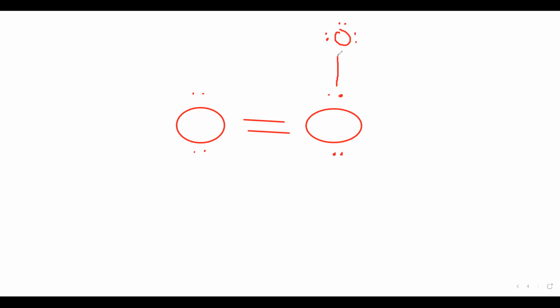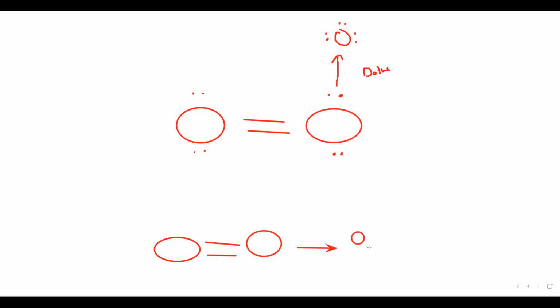By forming a dative bond. So both electron pairs are donated by one of the oxygens. As a result, it will form dative bonding. So in ozone, we have a covalent bond between two oxygen atoms, and then there is a dative bond with the second and the third oxygen.